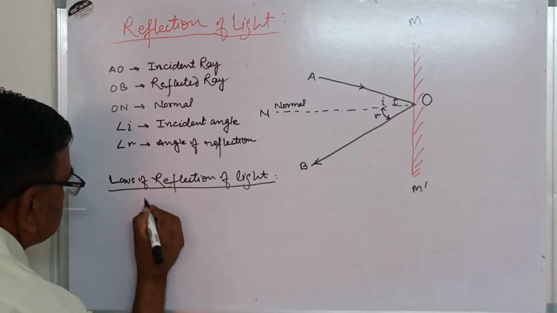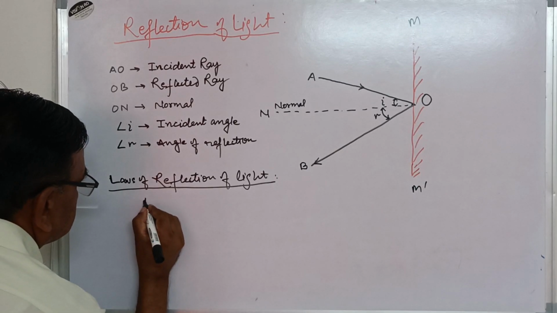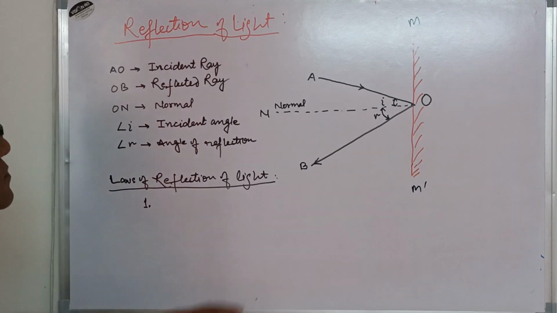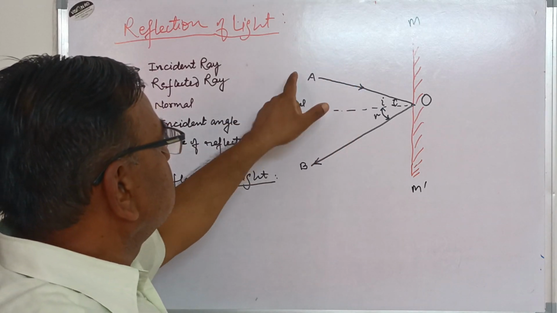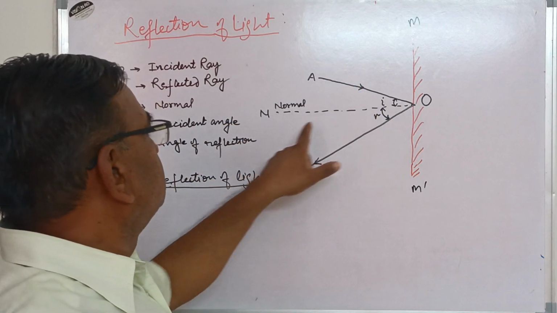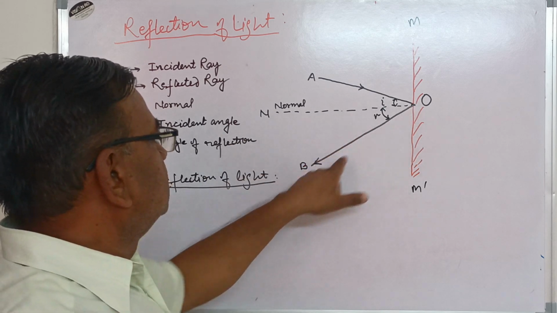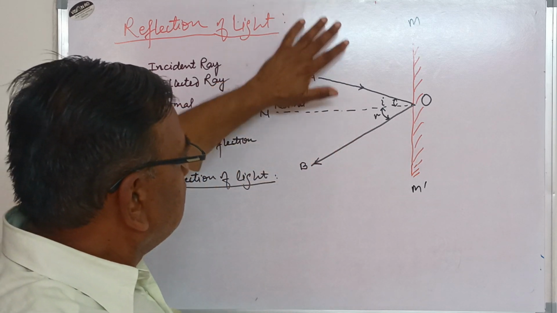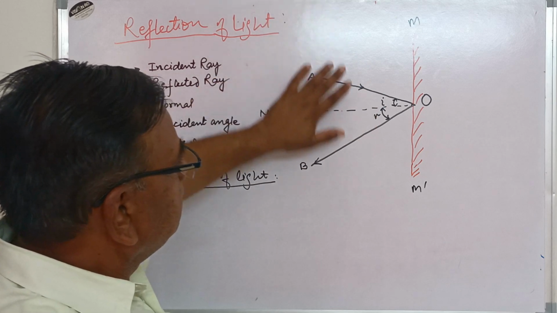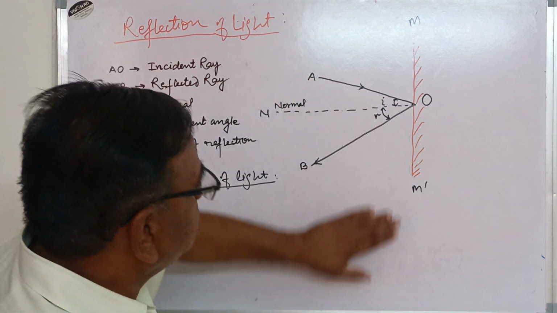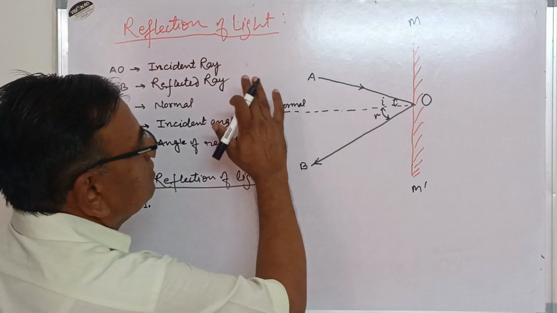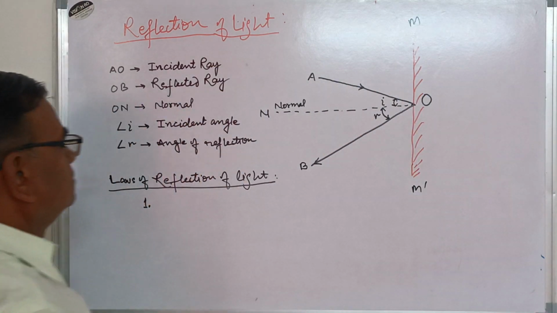First one: all the things, incident ray, normal and reflected ray, all these are in the same plane as it is sketched on the board. The board is a plane, so these are in this plane.